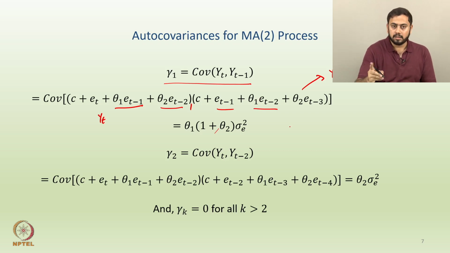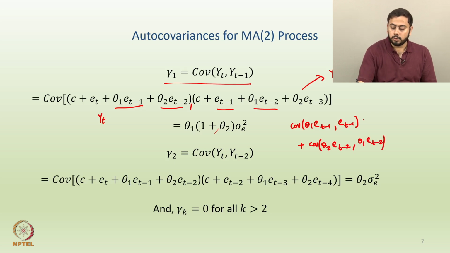So probably if you are finding it difficult, I can write it down. There will be one term which is covariance of theta 1 et minus 1 comma et minus 1, right, and then plus covariance of the other term, which is theta 2 et minus 2 comma theta 1 et minus 2.